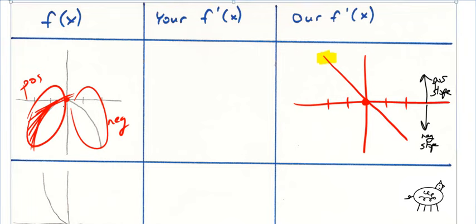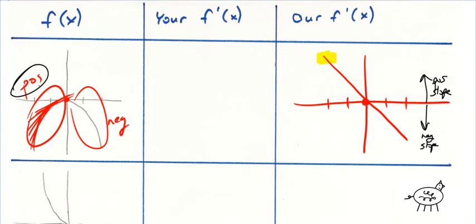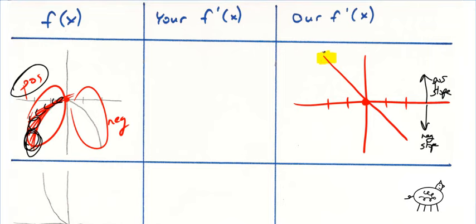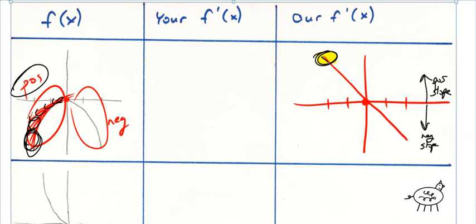All right. So, for this guy right here, it's a positive slope, but it's really steep over here, and it goes less steep, less steep, until you get to 0. And then it's not very steep at all because you're right at this point, and then it starts going negative, and it gets steeper and steeper and steeper. So that's what your graph looks like.